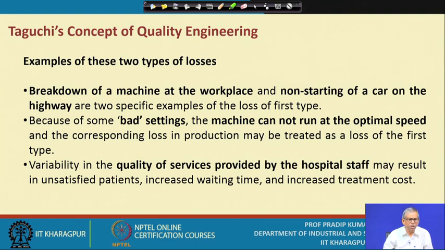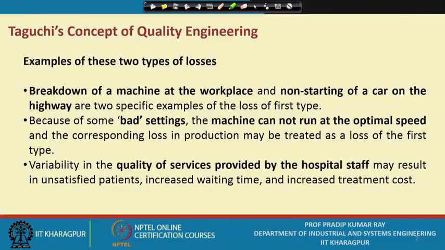That means as I've already mentioned, when you design a product and you try to produce it by a process, with respect to that process, you must be able to identify the process parameters which you set at such values that you get the design of the product manufactured as per the specifications.